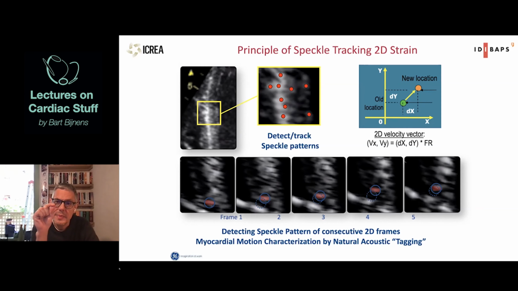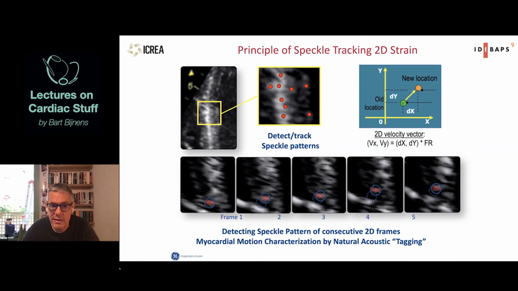These speckles, at least instantaneously, are really linked to the local distribution of scatterers and so to the local tissue. So if we look at the change of the speckles' position over time, at least over a short period of time, these speckles really move with the myocardium.